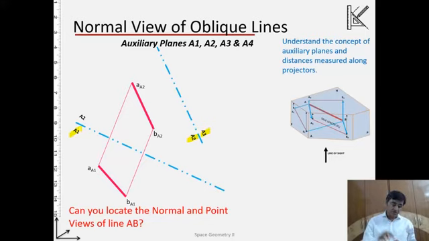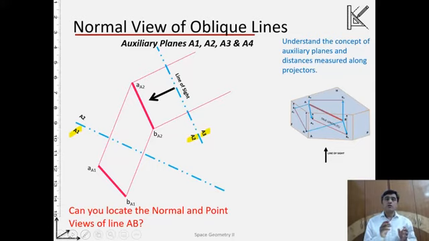Let us draw the projectors. So to draw the projectors, we draw these projectors from the A2. So this is the direction of the projectors. Now along these directions, say here, alright, where do we locate the ends of the line?